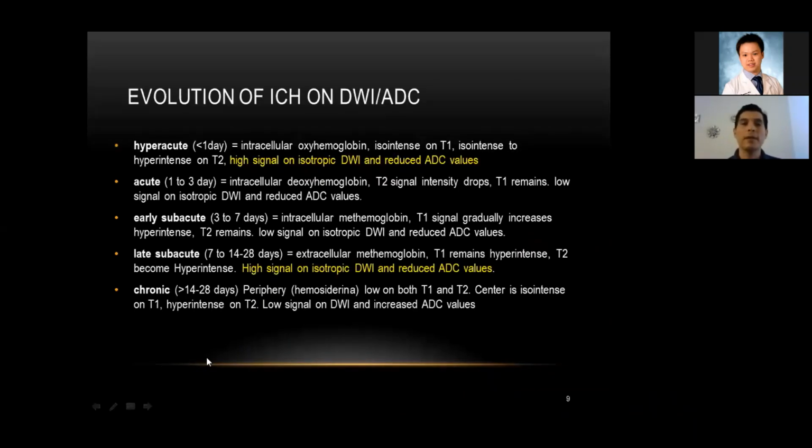So in this slide, we only have to remember that in hyperacute stage, DWI and ADC will be similar to the signal of a stroke. And it is probably due to the nature of the hematoma.